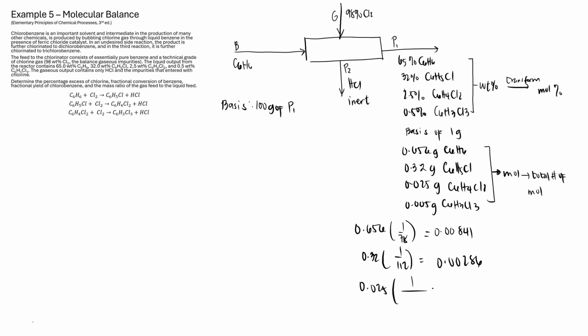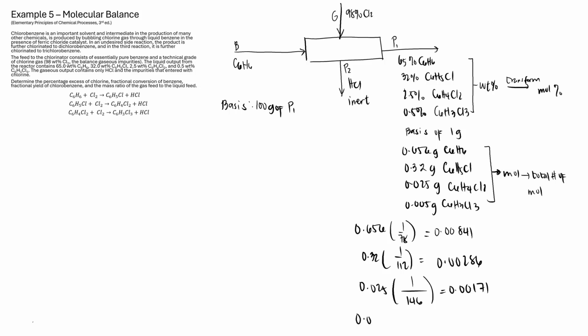C6H4Cl2 is 72 plus 4 is 76. 76 plus 70 is 146. Yeah, 146. So that's even lower.